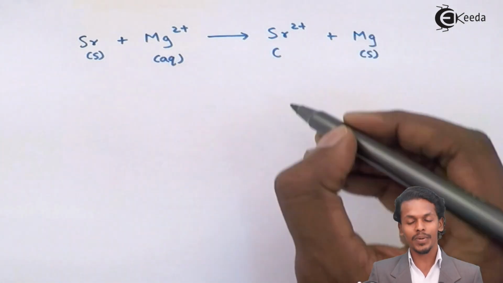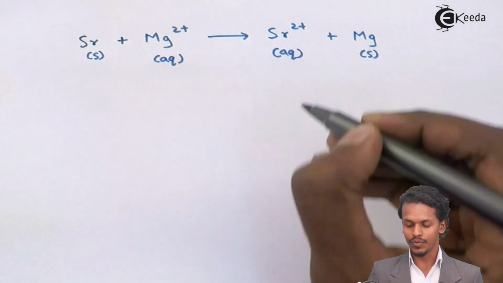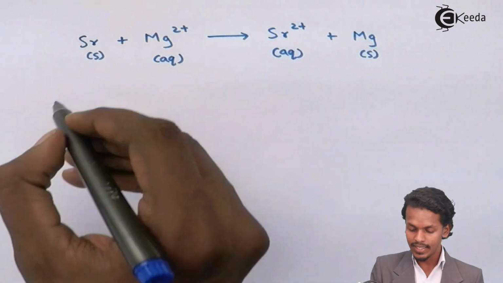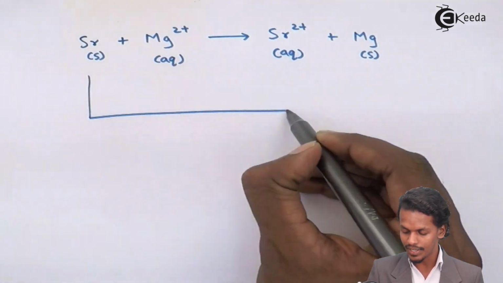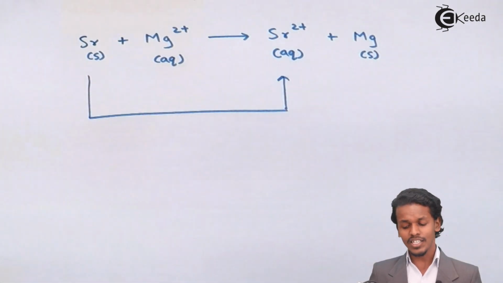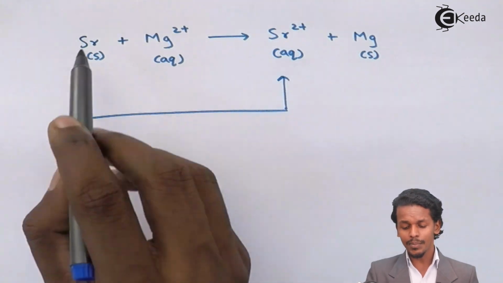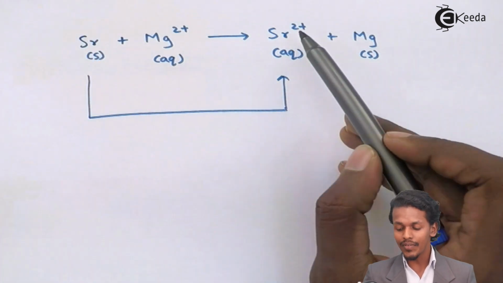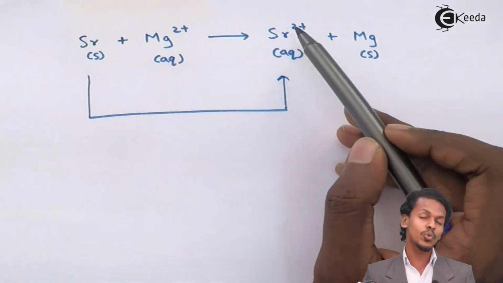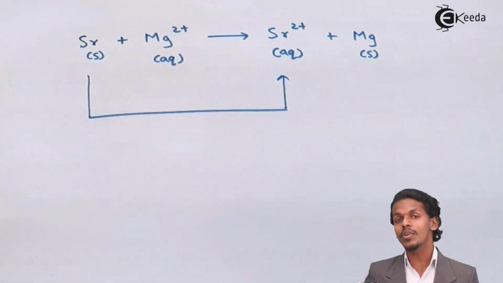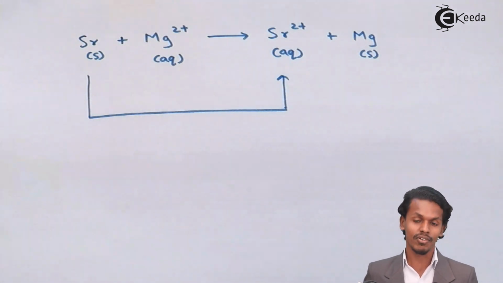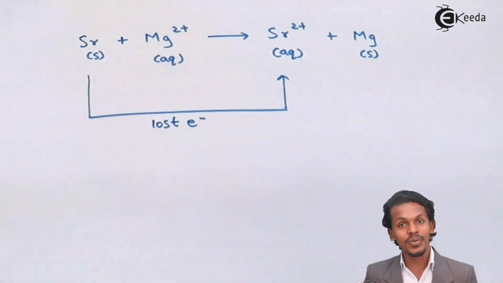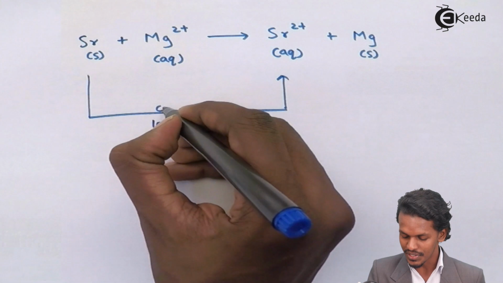Strontium is now being converted into Sr2+. The oxidation number of strontium, which is 0 in solid form, is now converted into an oxidation state of 2+. That is only possible if strontium has lost electrons, so according to this process, this will be oxidation.